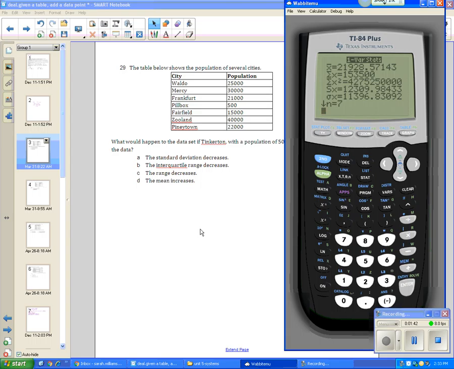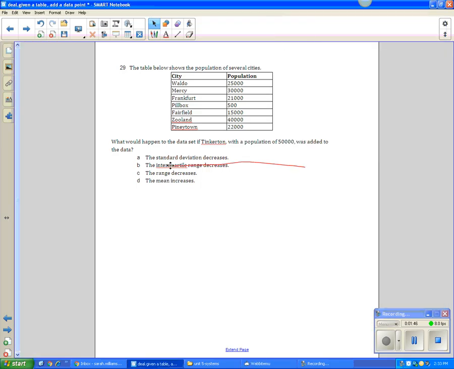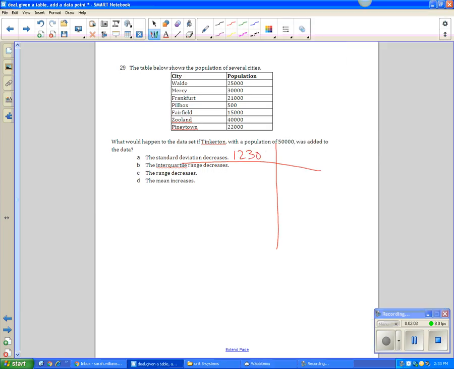All right, so we're first going to write down the standard deviation from the calculator. So remember that's Sx, so it's 12,309. Okay. Then we're going to find the interquartile range.